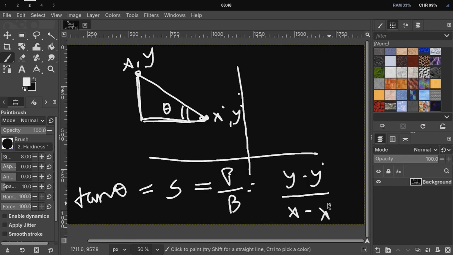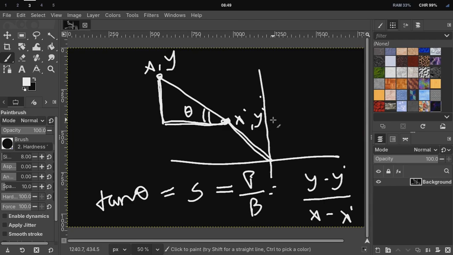Also this point can be anywhere unless we specify that the slope is being calculated with respect to the origin. So this point can lie on a circle. The x prime y prime thing can lie on a circle unless we specify that x prime and y prime lie on the line passing through x comma y and 0 comma 0.